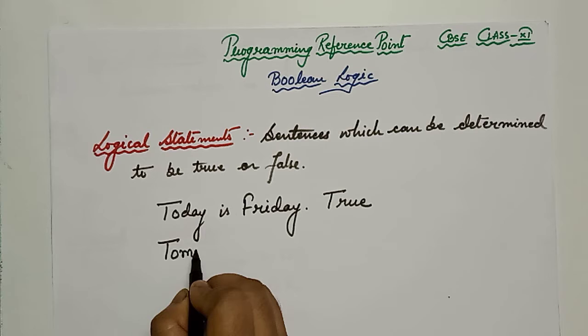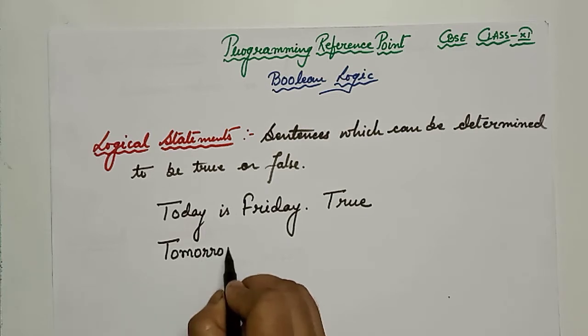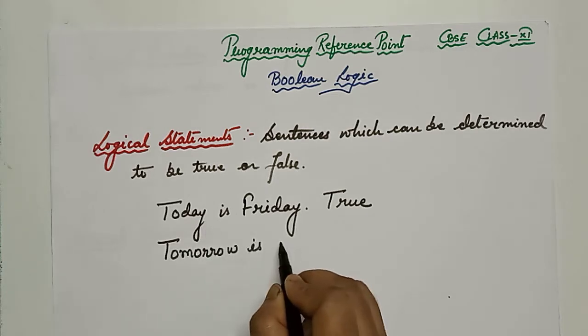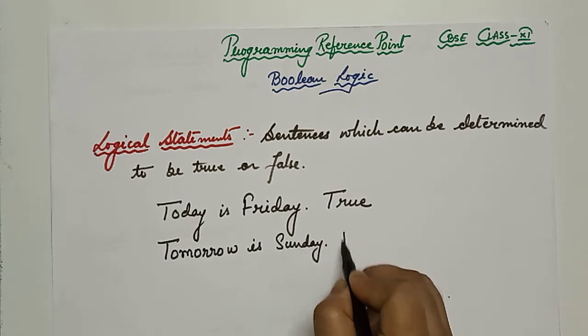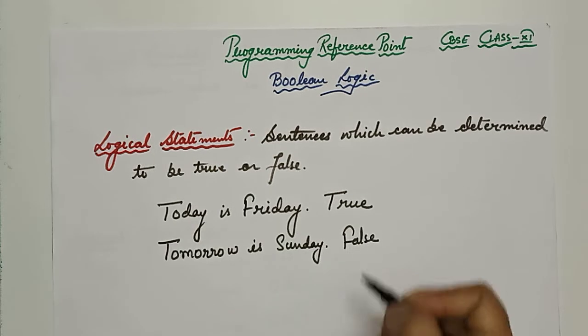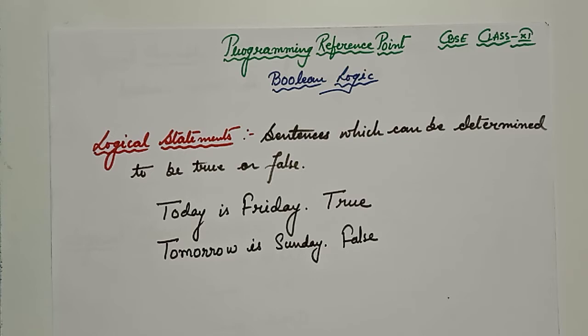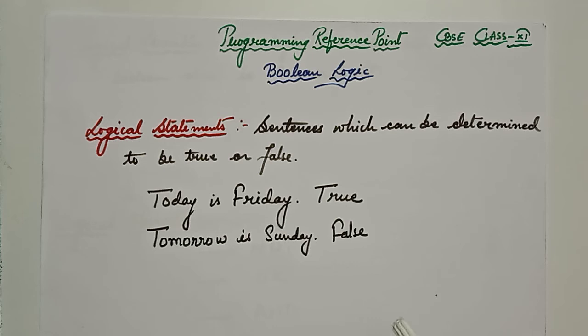Tomorrow is Sunday. Statement is false. So basically the sentences which can be determined to be true or false are called the logical statements. In our day-to-day life we come across this kind of sentences very frequently.